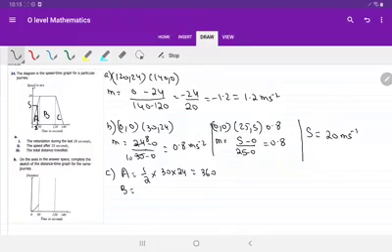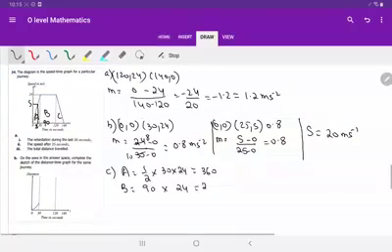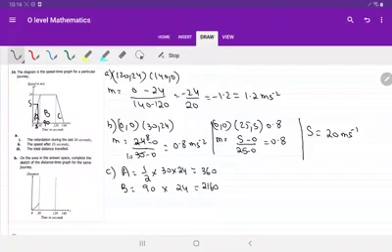The second part is a rectangle, 120 minus 30, this is 90. 90 into 24 is 2160, and the last part of the journey is a triangle, that is half into base. The base here will be 20 and height is 24.